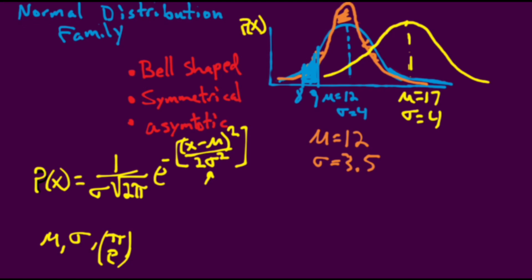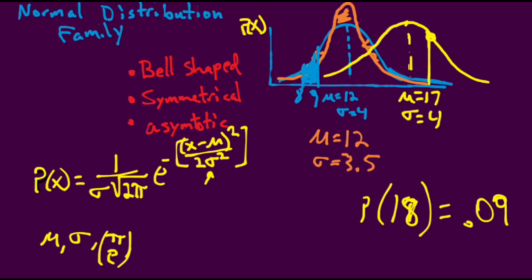If I want to know the height at x equals 18, I can crunch this formula, plugging in the mean of 17 and standard deviation of 4, and if I went through all the math, I would get that P of 18 is something like 0.0966 repeating.